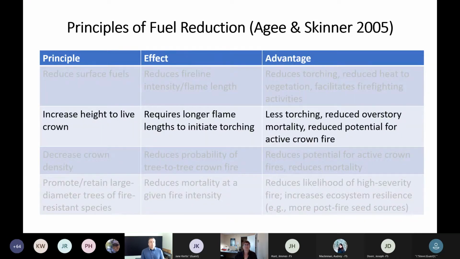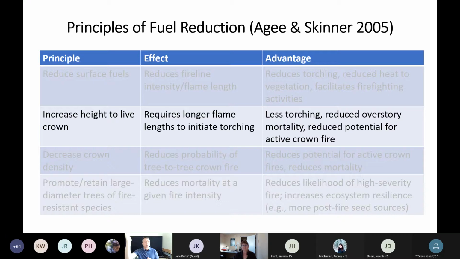Our second major principle of fuel reduction is increasing the height to the base of live crowns of trees. And the basic idea here is that we're trying to reduce the likelihood of crown fires by requiring longer flame lengths in order to initiate torching, longer flame lengths in order to initiate fire burning up into tree canopies.